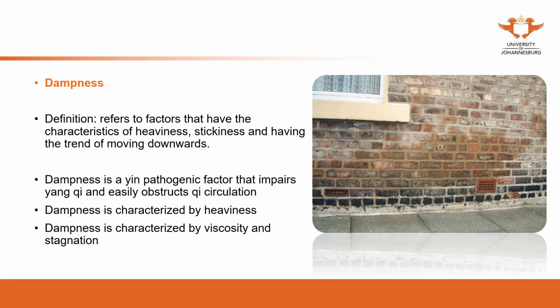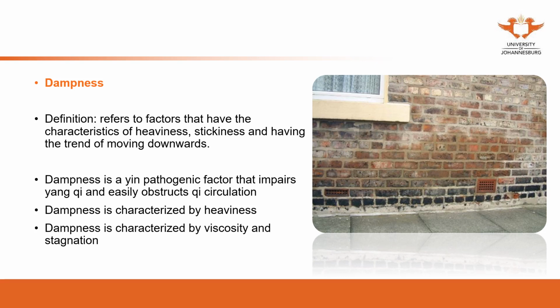Also, if the dampness happens in the joints, they will feel joint pain and also that kind of heaviness. The dampness can also go to the intestine, causing diarrhea, even diarrhea with blood. When it goes to the bladder, it causes urine problems.